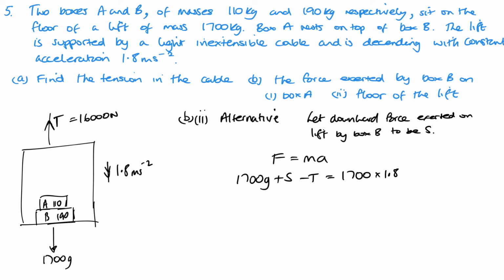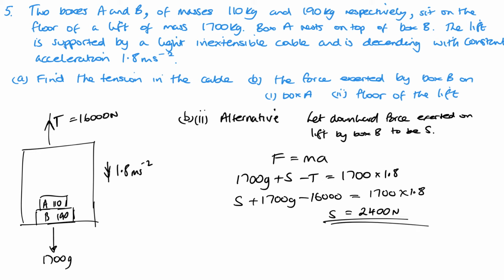Now T is obviously 16,000, so we've got S plus 1700g minus 16,000 equals 1,700 times my 1.8. And we get the same answer there.